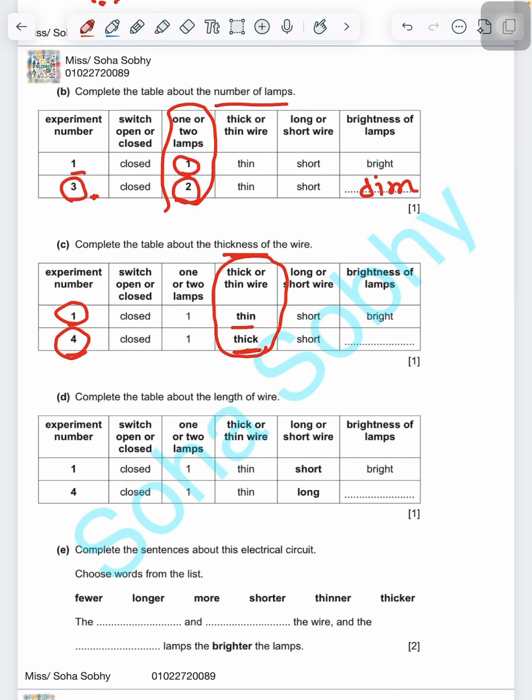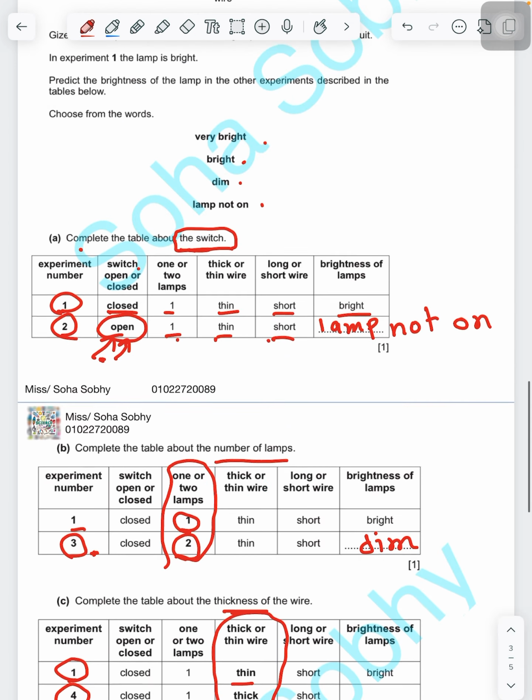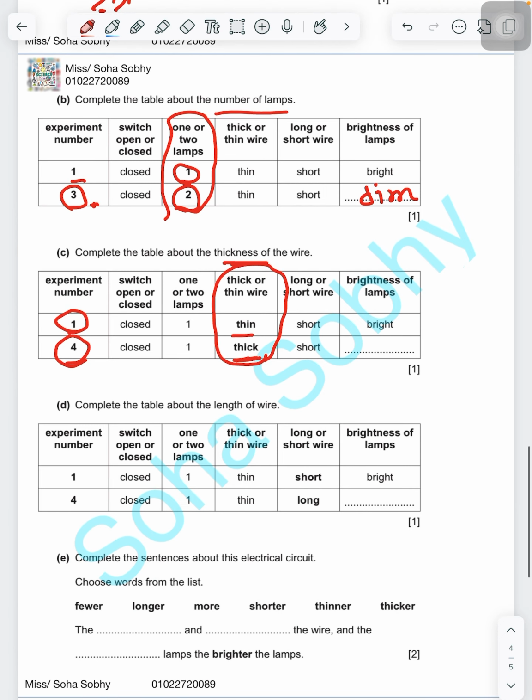Electricity will not be tired, so the brightness of the lamp will be very bright. Because the wire here is thick, electricity has a space to move on it, so electricity will move easily to the lamp to give more light.